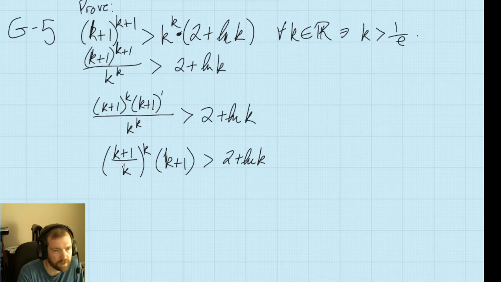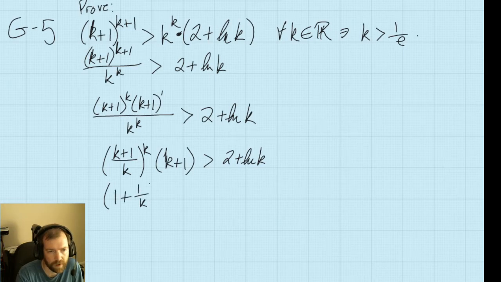And then here we've got something rather interesting. If we separate these, we can make it (1 plus 1 over k)^k times (k+1), greater than 2 plus natural log of k.